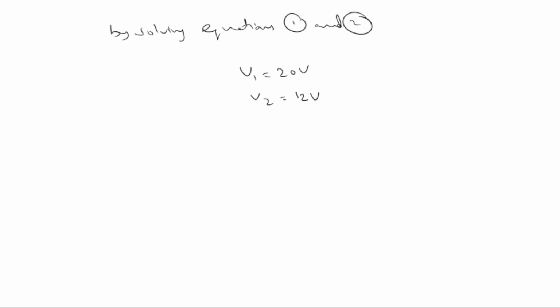Current flowing through the 8 ohms is V1 minus V2 by 8, which is 20 minus 12 by 8, which is 1 ampere.